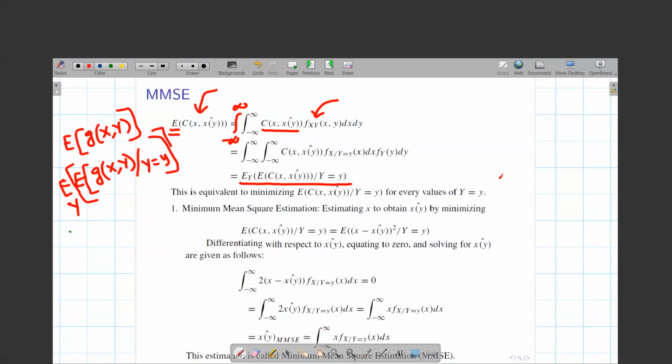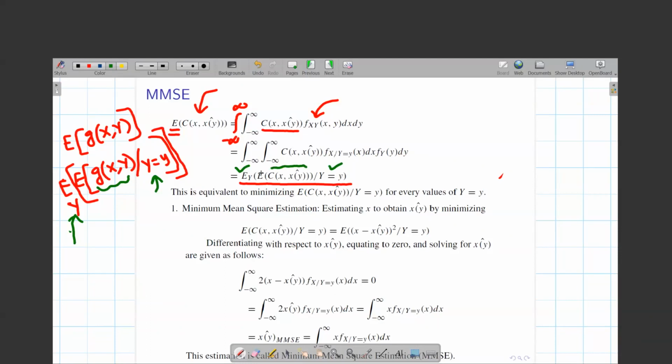Whatever function you have, you can take the expectation by fixing one random variable and then taking the expectation over that random variable. This trick is exploited here. You take the expectation of the cost function given y equal to y, and then take the expectation over all values of y.